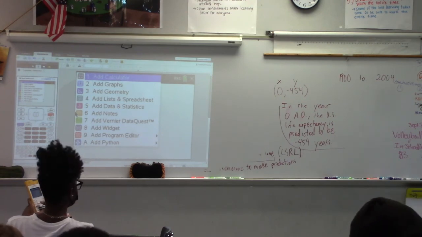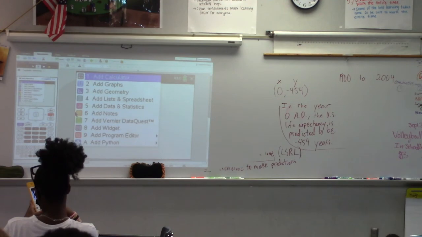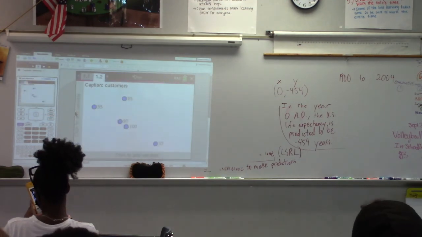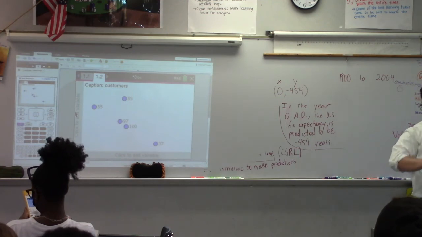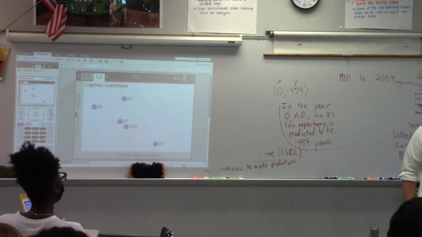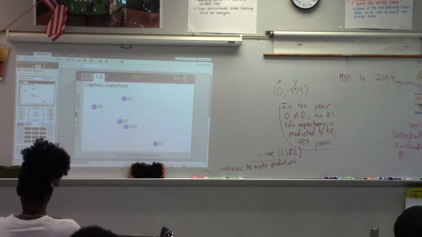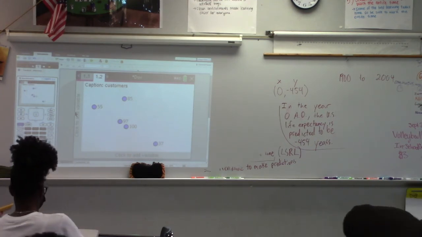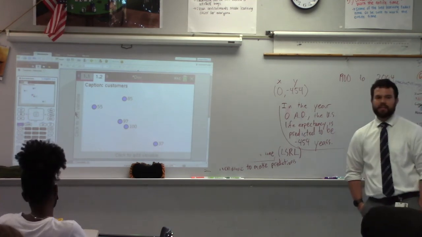Not number 2. Remember, 5 is when we're dealing with data and statistics. So, hit control and then doc, and then you need page 5, Data and Statistics.